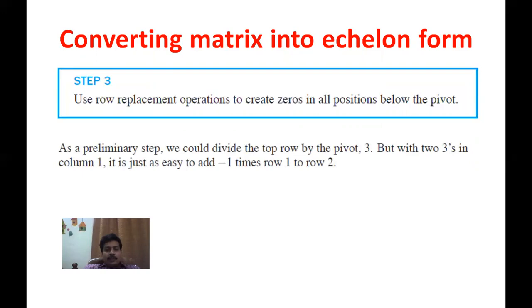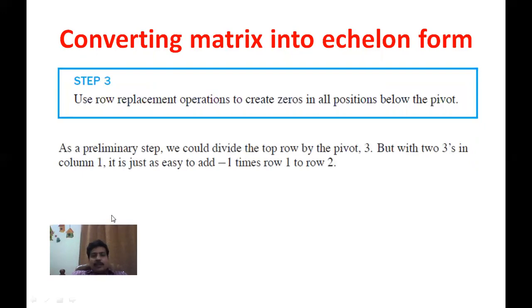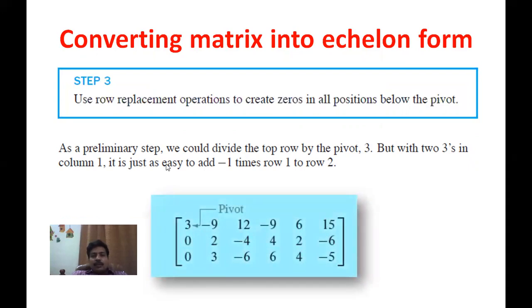Using row replacement operations. As a preliminary step, I can divide this by 3, since all the entries are multiples of 3, but for convenience, to make this 0, I can simply subtract one row from another. R2 goes to R2 minus R1. That is enough. Or you can multiply this one by minus 1 and add to this one. So after doing this, this will also become 0.